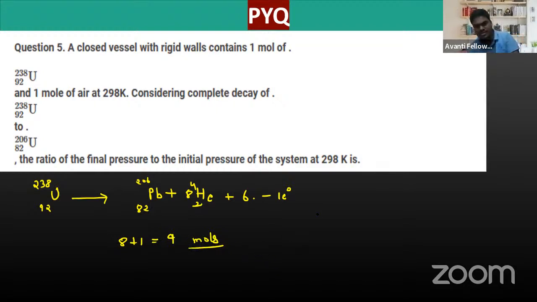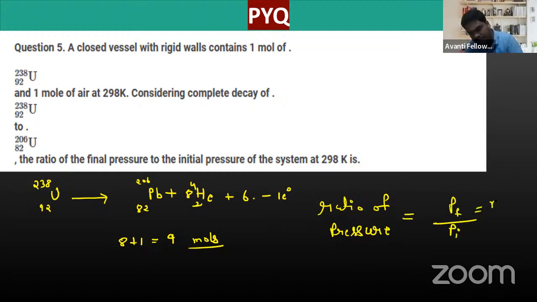The ratio of the pressure Pf upon Pi is equal to Nf upon Ni, which is equal to 9. So this is how we can solve it.